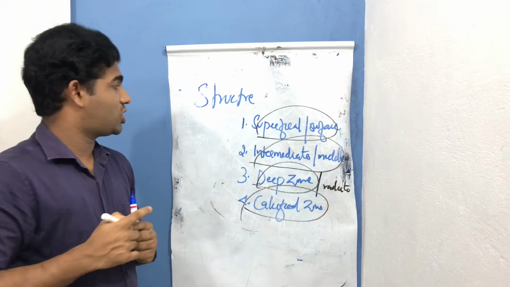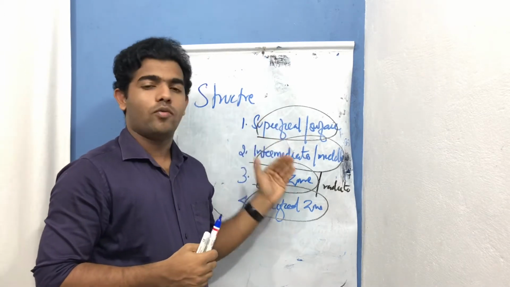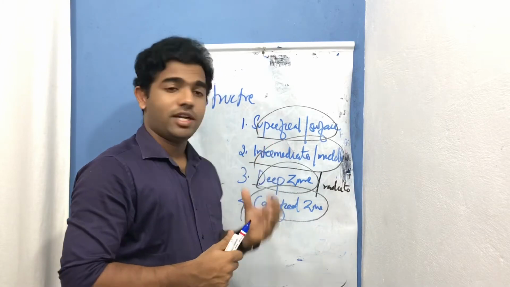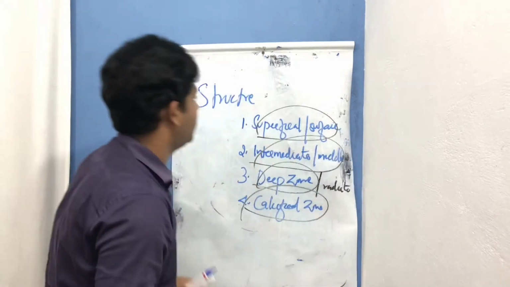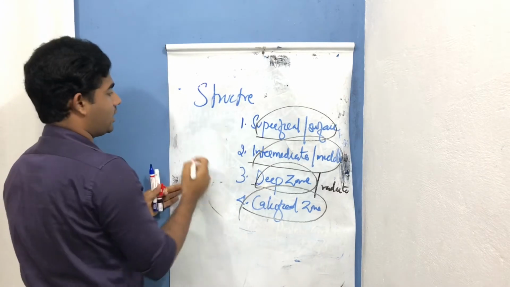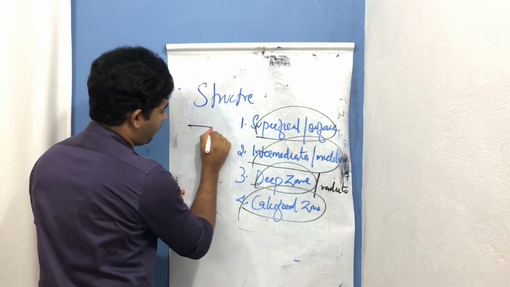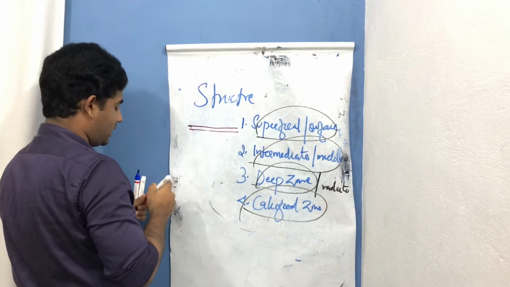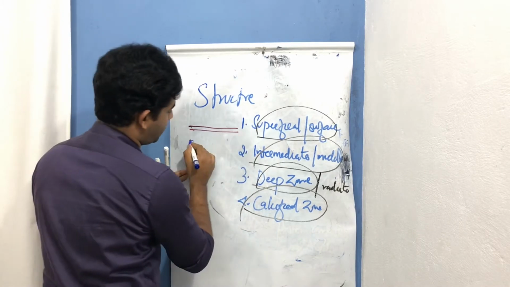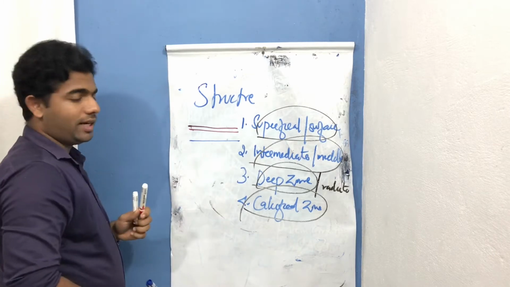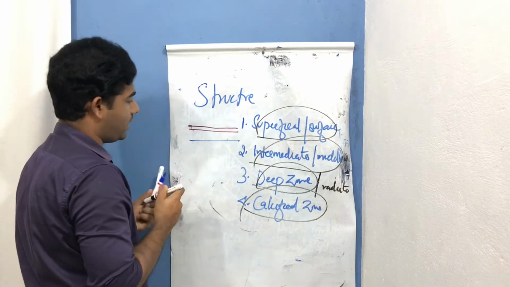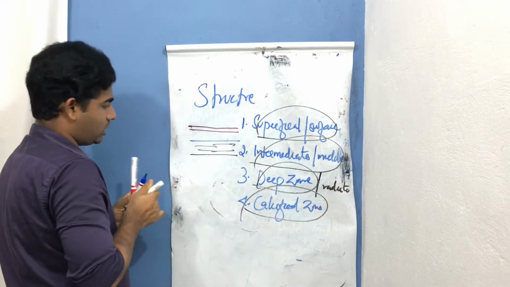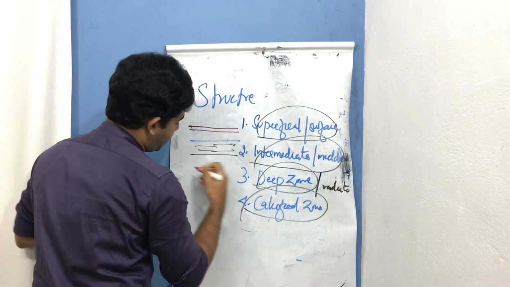Now if you have a sectional view of the cartilage, we see that initially we have the superficial layer, then just below that the intermediate layer, next the deep layer, and next to the deep layer the calcified layer.